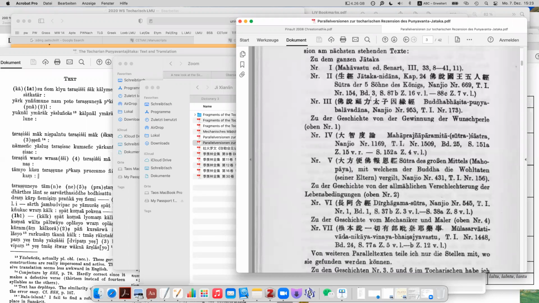And then comes information about the Chinese or Sanskrit parallel texts. So we have in the Mahavastu similar stories. We also have it in the Chinese Jataka Nidana. It's also in the Mahaprajnaparamita Sutra or Shastra.